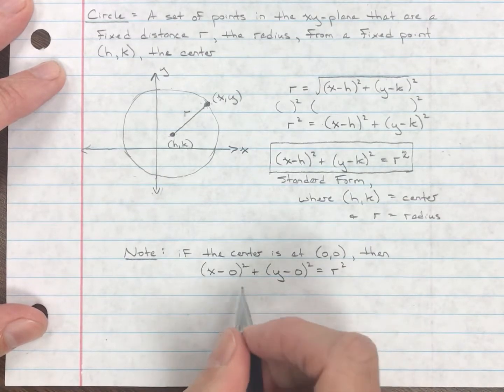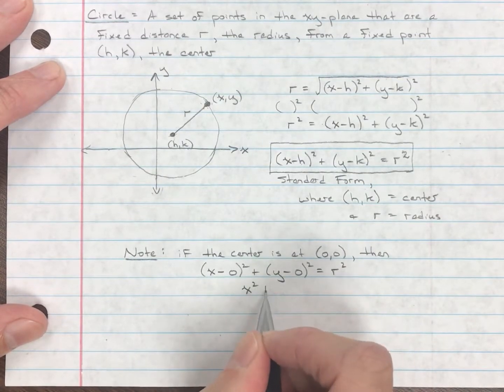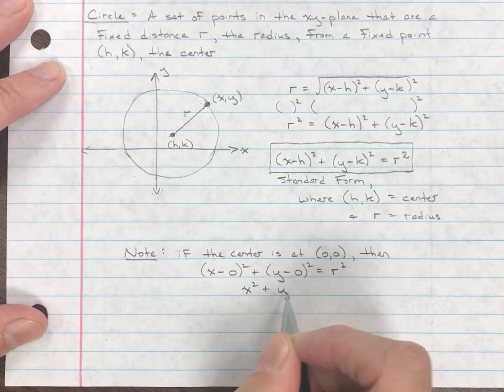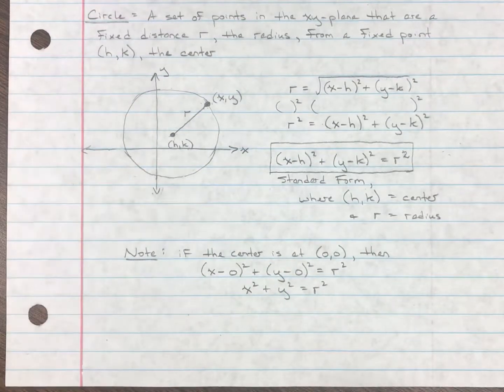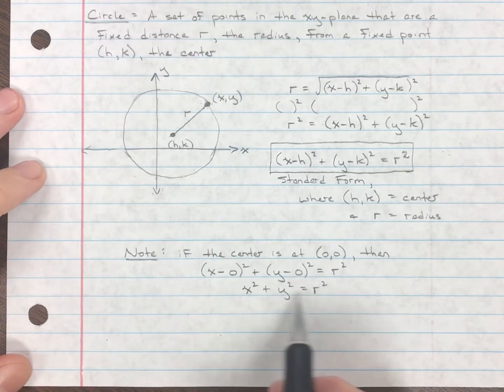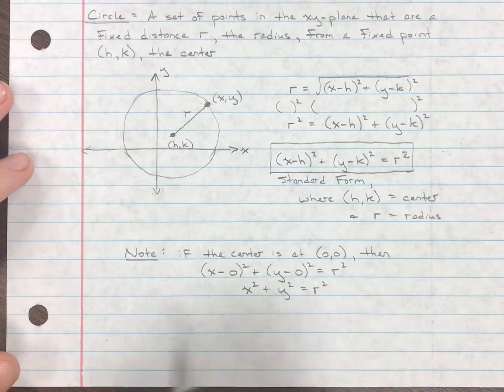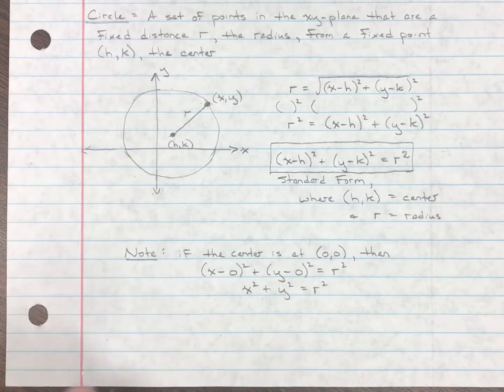And of course, x minus 0 squared is x squared. y minus 0 squared is y squared, equals r squared. So when the center is at the origin, the standard form of the equation gets rather nice and simple. Looks just like that.